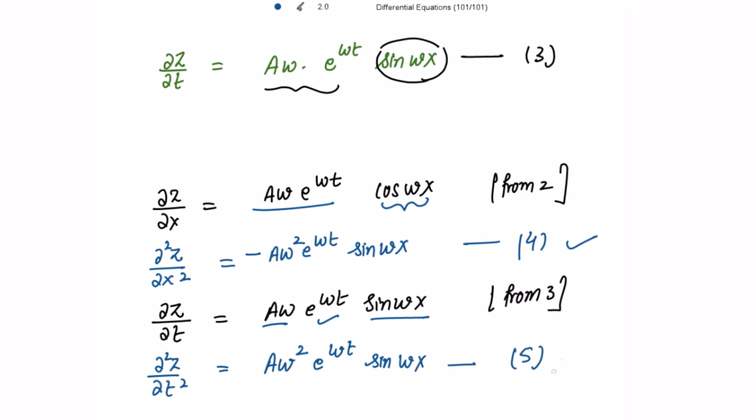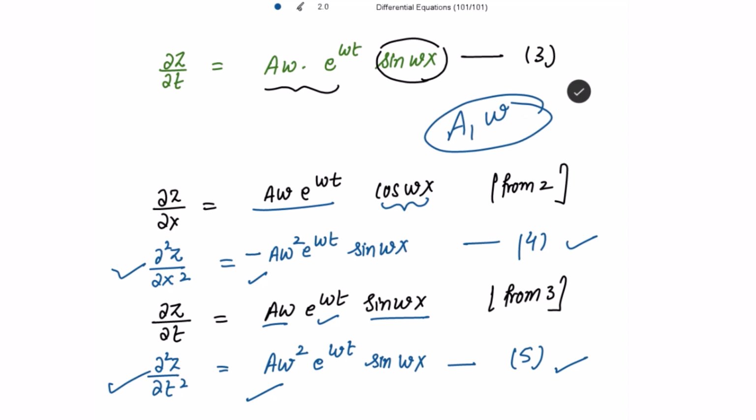So from 4 and 5, we have the right hand side to be the same but with different signs, right? If I add 4 and 5, these two equations, I will be getting the right hand side to be 0. That means a and w are now eliminated from the equations.